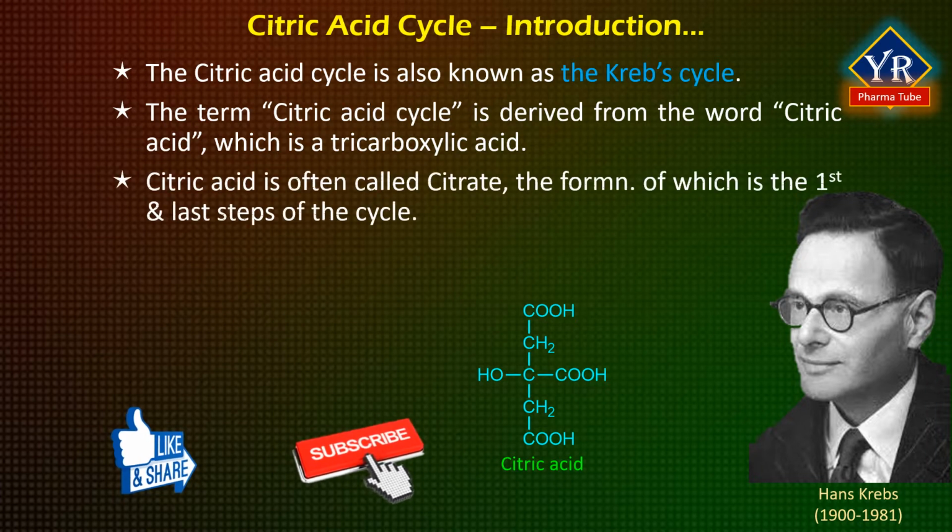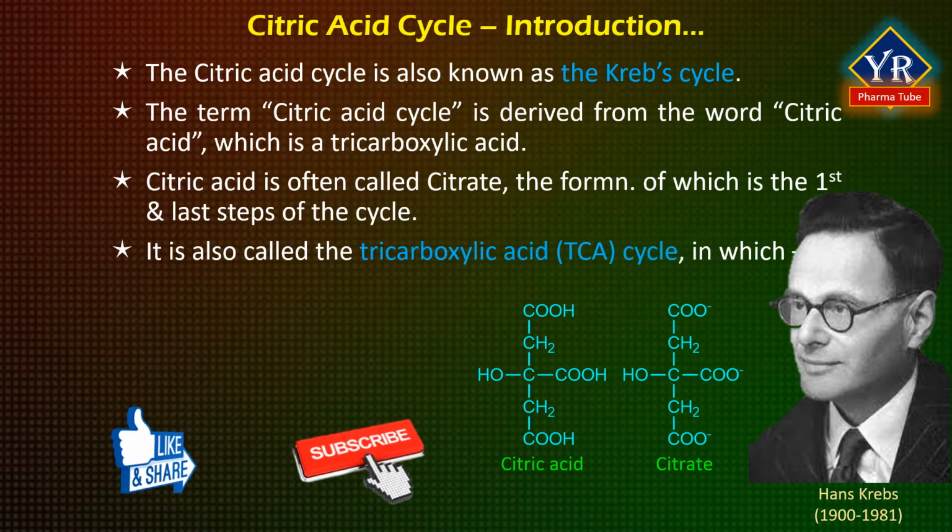Citric acid is often called citrate as the ionized form predominates at biological pH, and citrate formation is the first and last step of the cycle, which means the cycle starts with the formation of citrate and ends with citrate. In other words, citric acid is consumed and then regenerated by this sequence of reactions to complete the cycle.